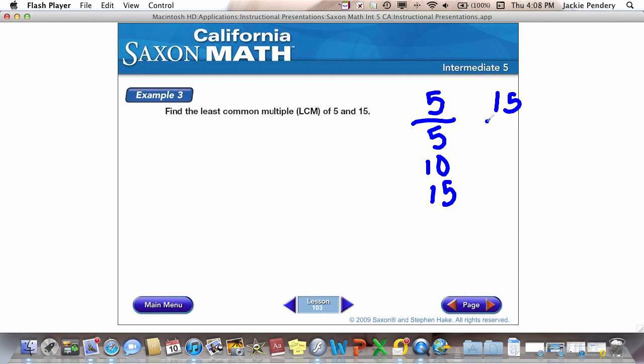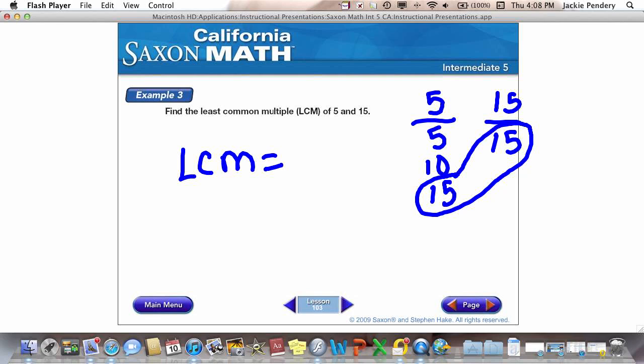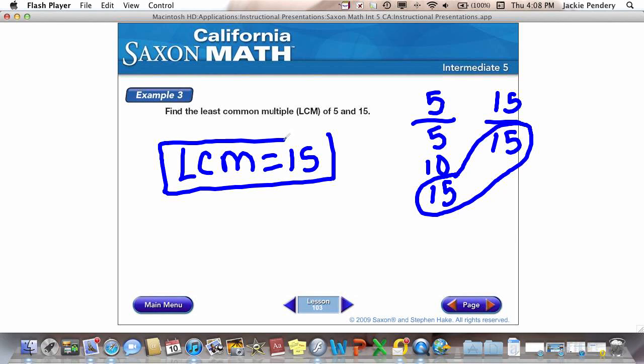If I start with 15, my first multiple is going to be 15. It is possible that the least common multiple will also be one of the factors. It will never be less, but it could be one of the factors.